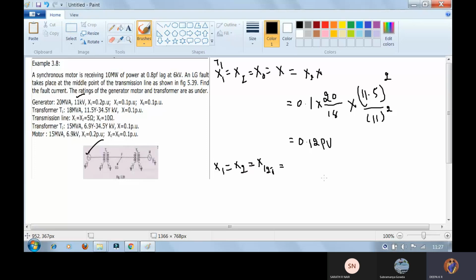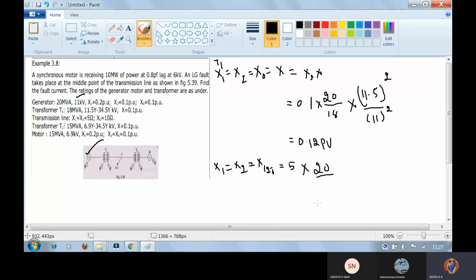So what is the value they have given? X value is 5 ohm into your new value, which is 20. And what is the transmission line MVA? We are calculating a different way, right? So MVA divided by KVB whole square. It is not the same as the old formula because we are calculating a transmission line reactance.